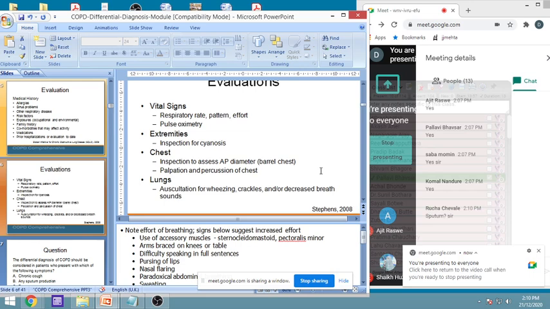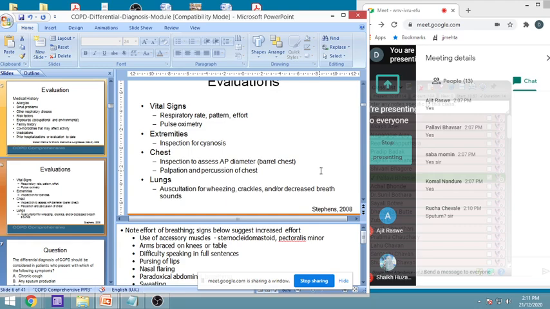Check the type of respiration, whether it is sternocleidomastoid type, whether the patient braces arms on knees and table, check whether the person can speak, whether there is any difficulty in speaking a full sentence, then see the lips, the nasal flaring, whether it is abdominal type of breathing or not, whether the patient is sweating. Check it out, get pulse oximetry nowadays, what is the partial oxygen pressure. These are the important ones.